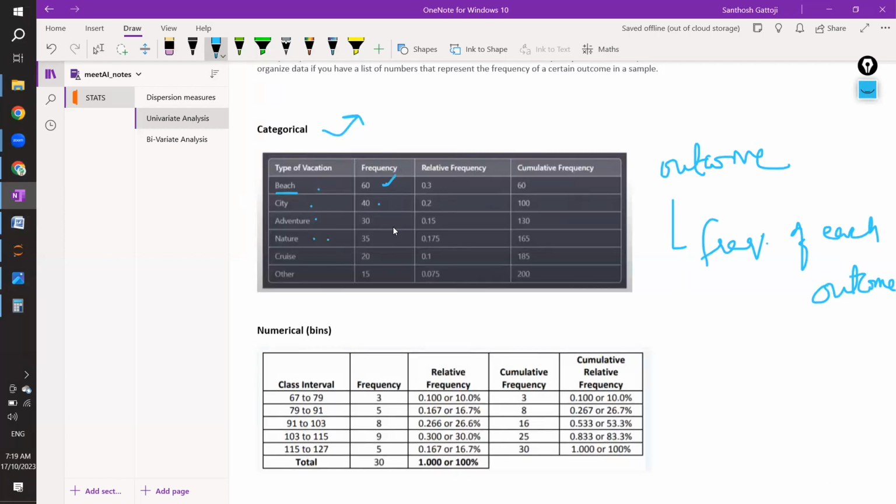But for numerical, what happens? Coming to numerical, for example, in the case of height, if you take 100 people, the heights of 100 people will be all different.